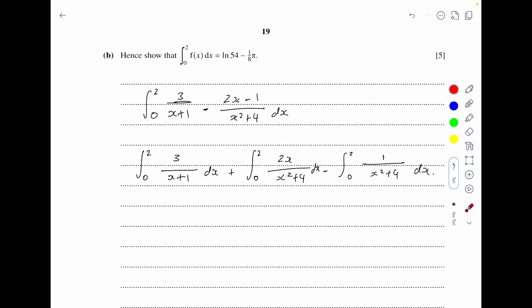Now, why have I done this? Stop the video now and think about it. If you haven't stopped the video, well, here's the answer. What we've done is we've broken this down into two integrals. The first one here can be broken down into ln of x squared plus 4.